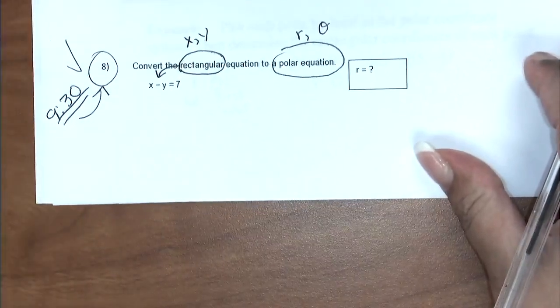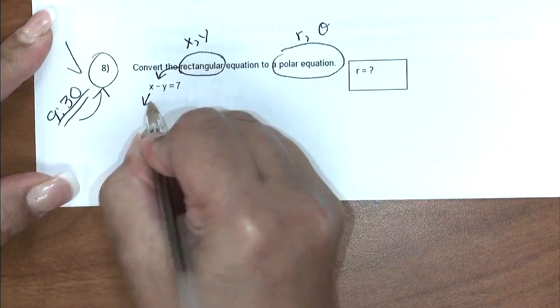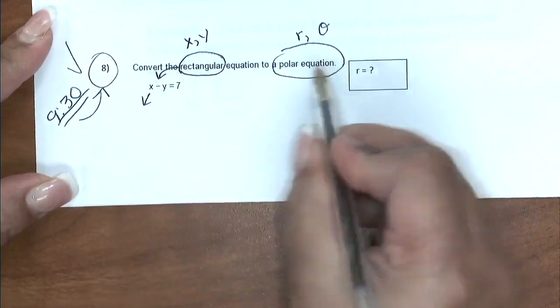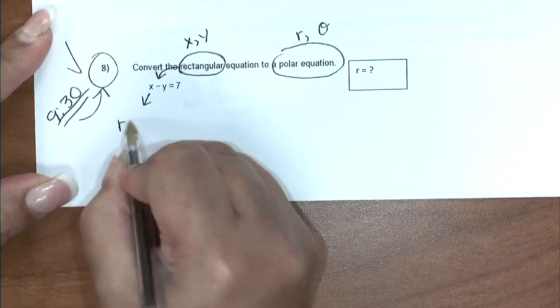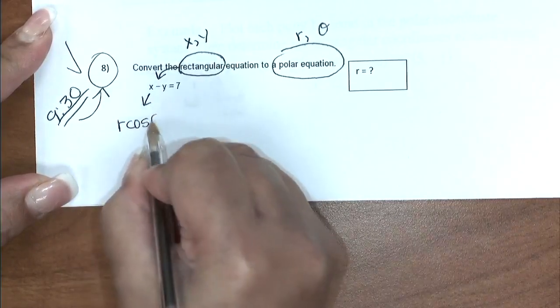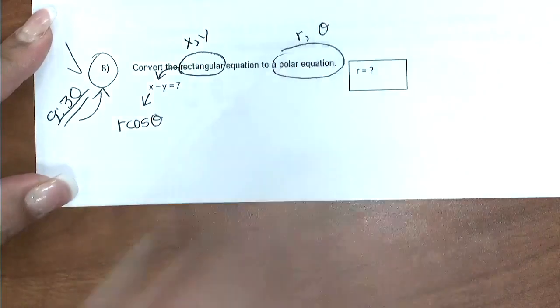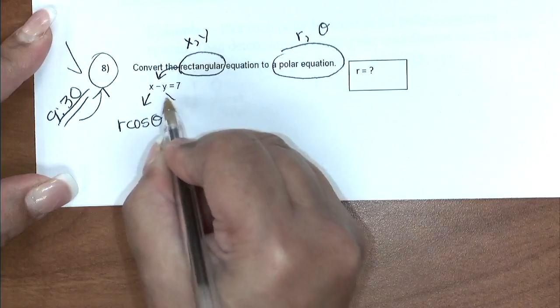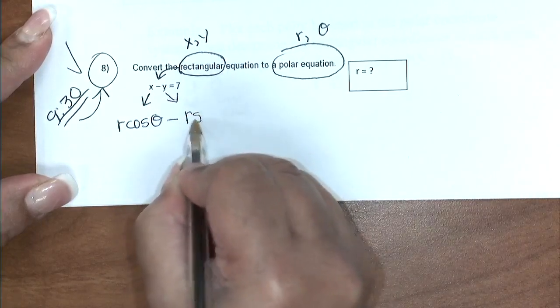Okay, so now comes the part where you try to pull out of your memory what you've memorized with regard to X. On the first page it said the equivalent of X in polar language is R cosine theta. You've got to memorize those. Start memorizing them. And then the equivalent of Y is R sine of theta.